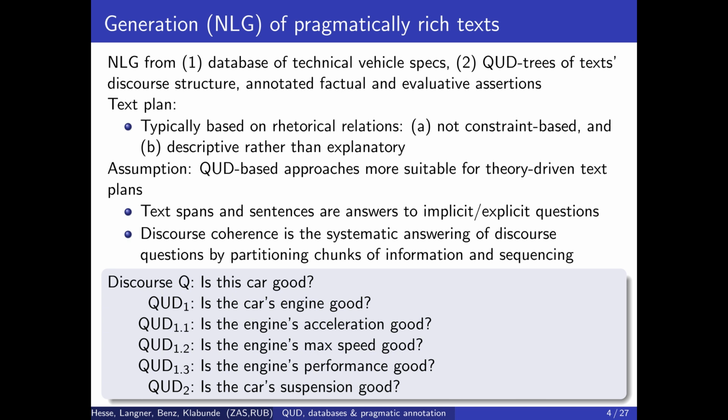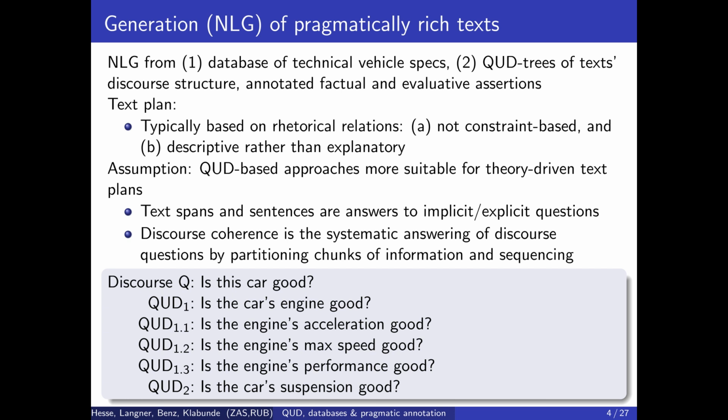So the QUD approach is very nice because you can take this part-whole relation and map it to a QUD structure where you say, well, you want to evaluate the entire car, so you break that down into different text sections. There's going to be a section about the engine. That section is going to talk about acceleration, about maximum speed, about the performance of the engine.